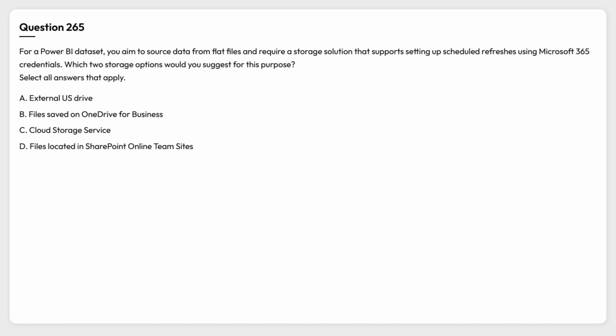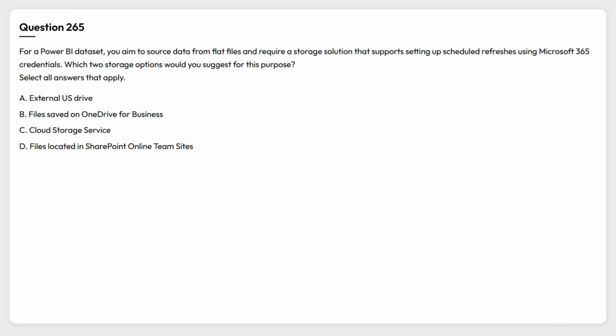Number 265. For a Power BI dataset, you aim to source data from flat files and require a storage solution that supports setting up scheduled refreshes using Microsoft 365 credentials. Which two storage options would you suggest for this purpose?